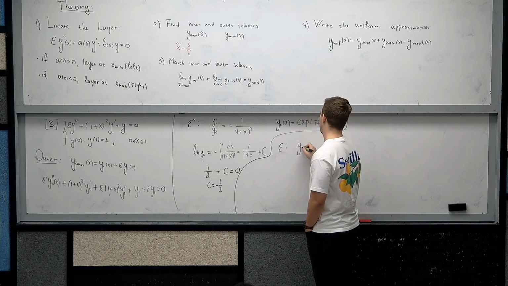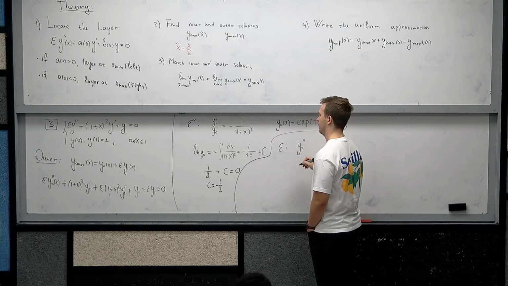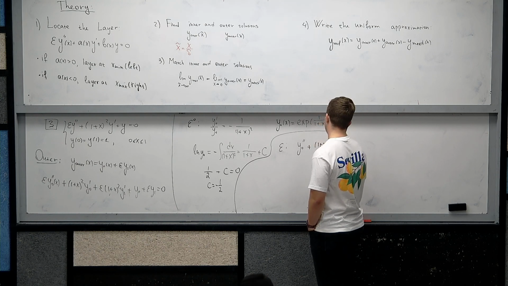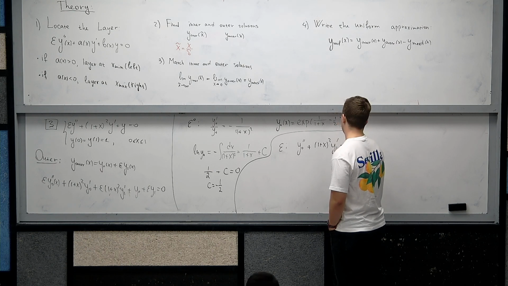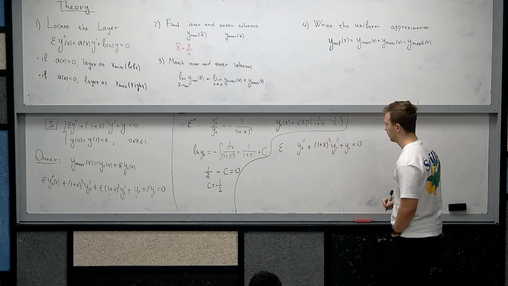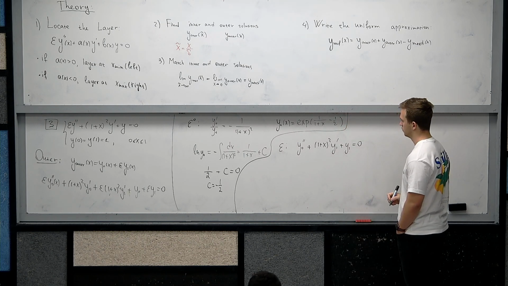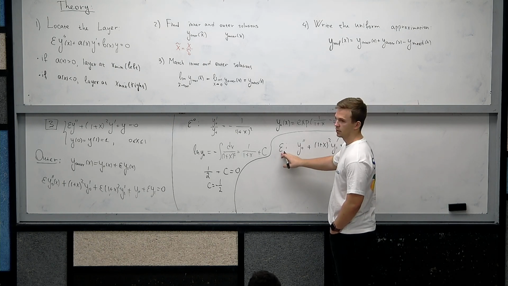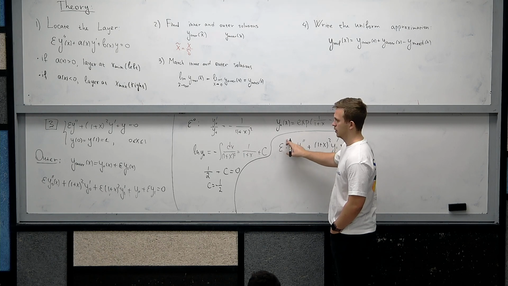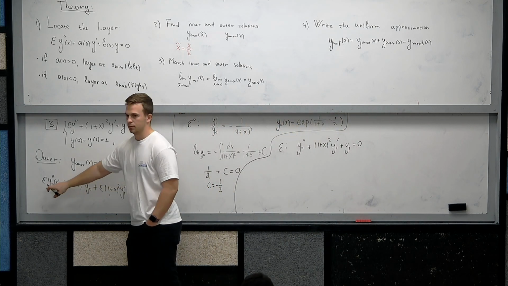We have y naught double prime plus 1 plus x squared y1 prime plus y1. Wait, what is the first term, y0? Because we collect terms with epsilon to the first power. Oh, okay. And here epsilon. Okay, now I see.